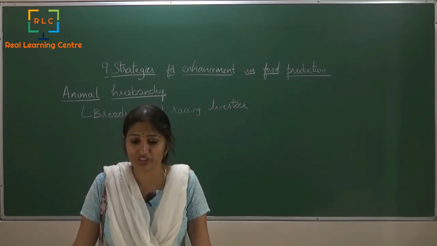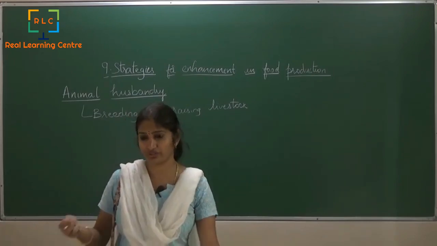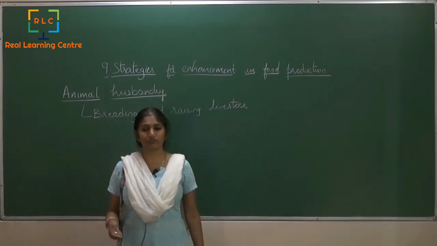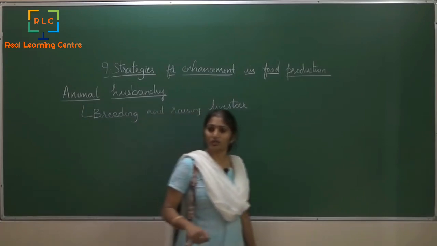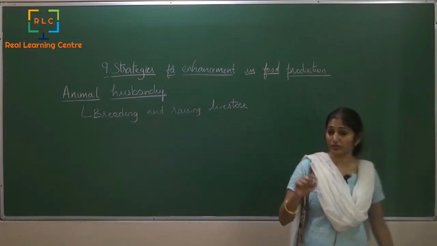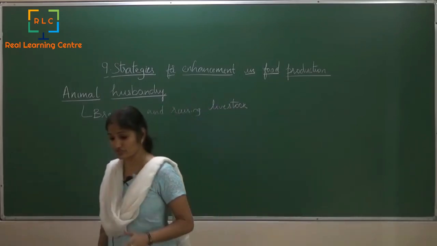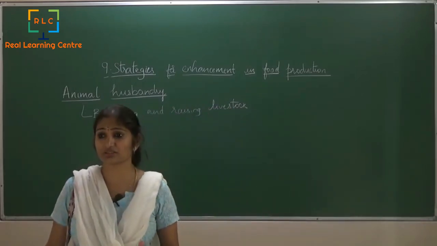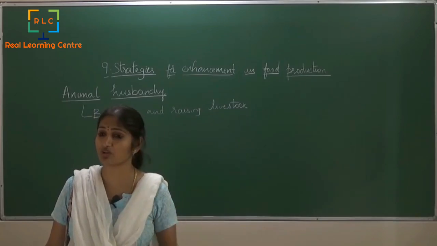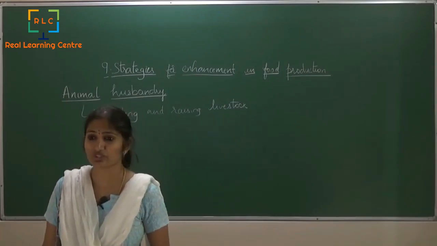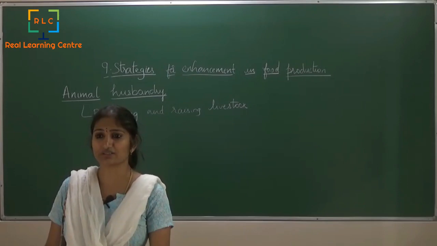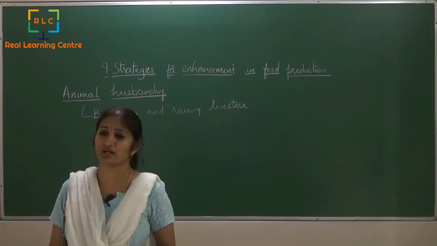When we are talking about fisheries, this includes rearing of small fishes, catching them and selling them. When we say fisheries, it's not only fish, it includes mollusks, it includes crustaceans like prawns and crabs, it also includes shellfish, and all this is part of our fisheries.